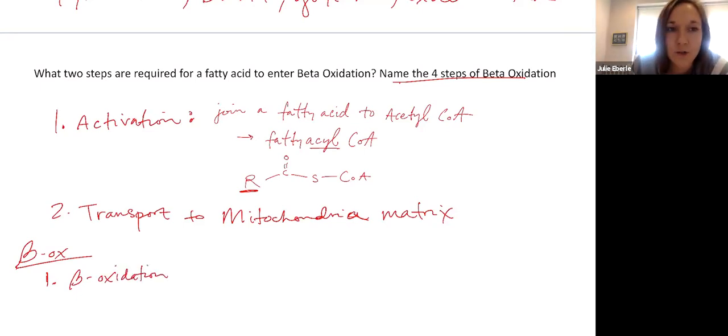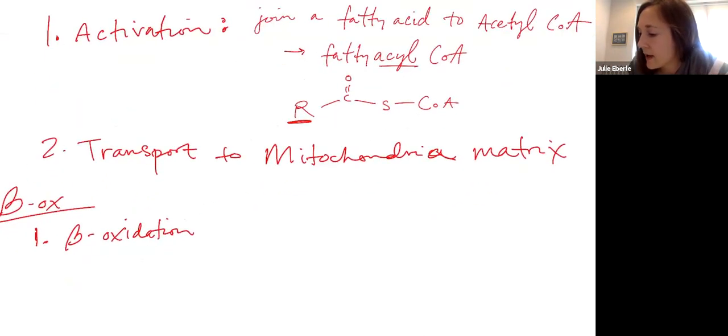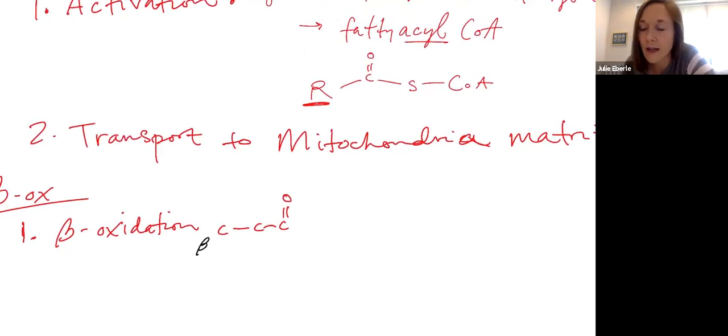We're using a dehydrogenase enzyme, and we are taking the beta carbon. So this right here, I'll change colors, would be the beta carbon. We're going to oxidize it by removing hydrogen.